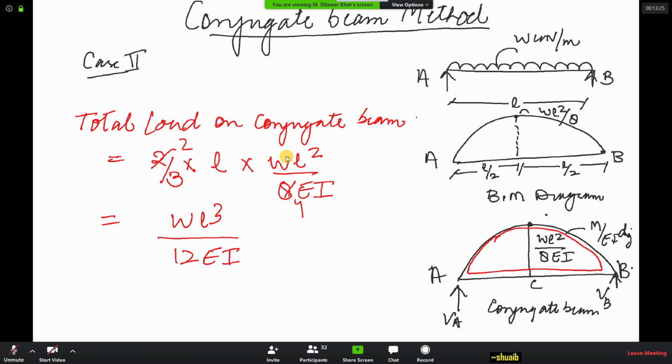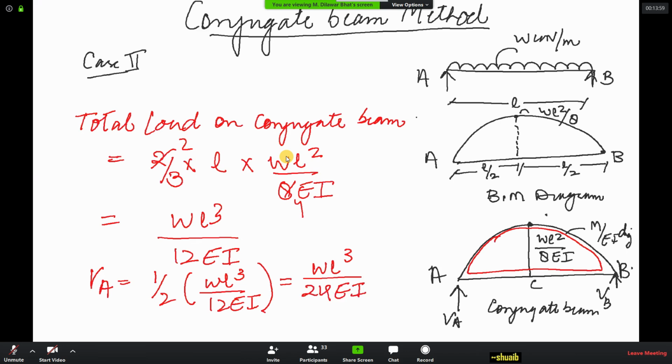Therefore, as it is uniformly distributed over both spans, VA will be simply half of the total load. How much will that be? It will be simply WL cube by 24 EI.